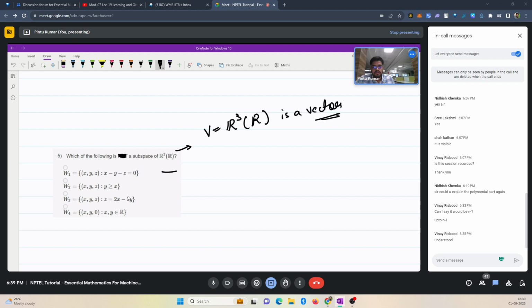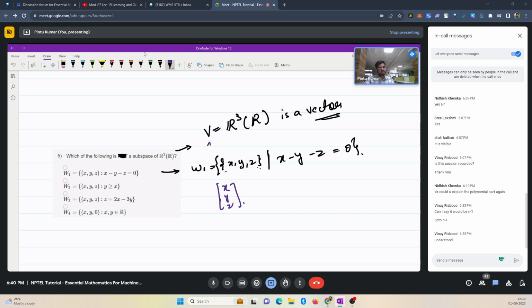So the first one is that W1 is equal to x, y, z such that x minus y minus z is equal to 0. Now look carefully at the structure: this W1 has elements of the form x comma y comma z.